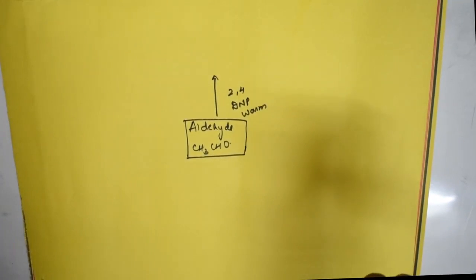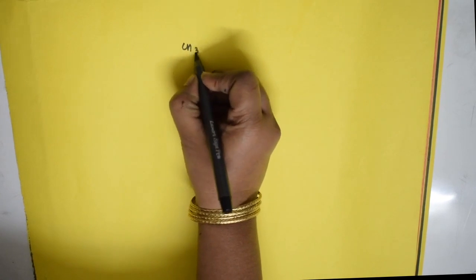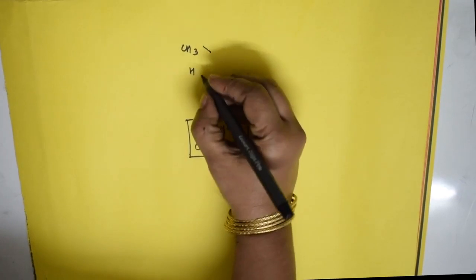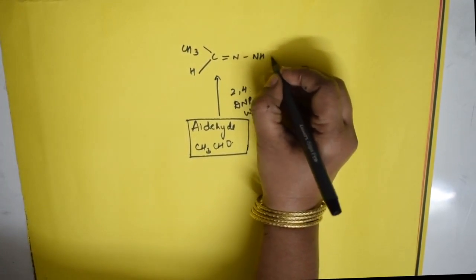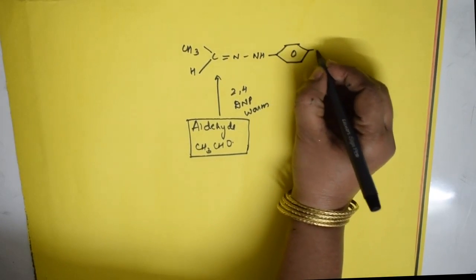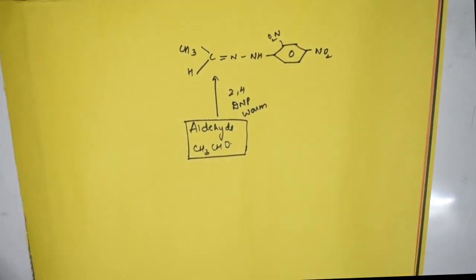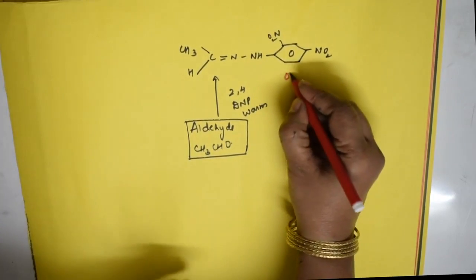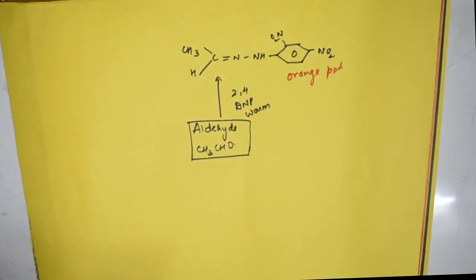What will happen? It is going to again form the same, just as we did in the ketones. Earlier ketones had CH3 here. Now aldehydes will have carbon, N, NH, NO2, the 2,4-dinitrophenylhydrazone. What is the color of the precipitate here? Again, the color of the precipitate is an orange PPT. This is also fine.